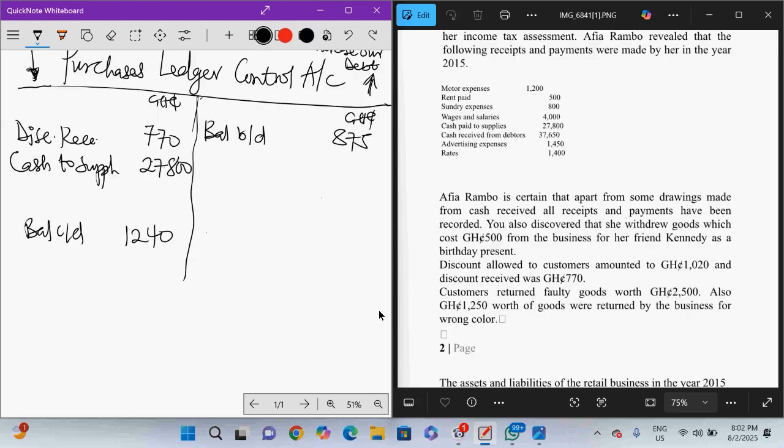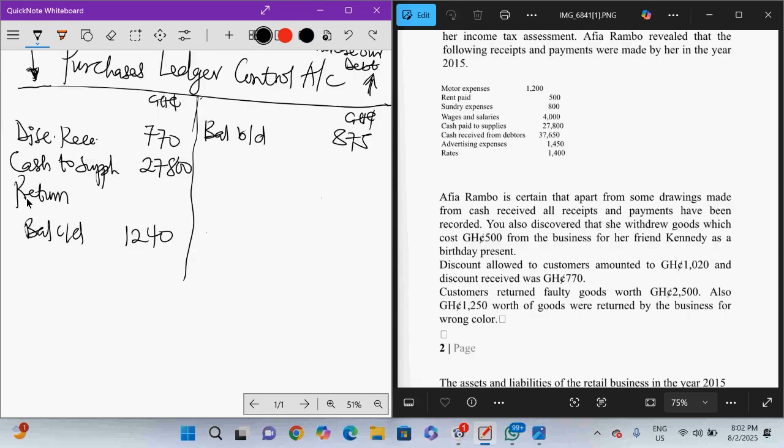That will decrease our debt because we are returning goods to our suppliers. So our debt with the suppliers would no more be the same.